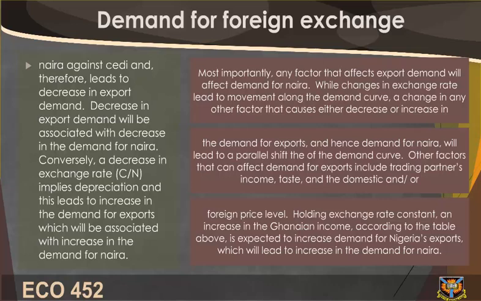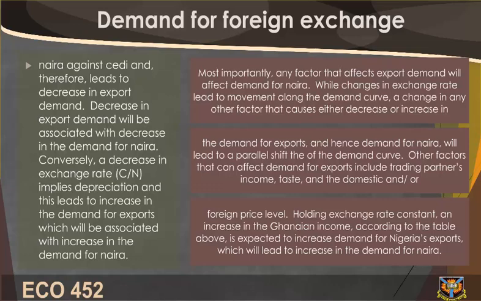Conversely, a decrease in exchange rate cedi to Naira implies depreciation, and this leads to increase in the demand for exports, which will be associated with increase in the demand for Naira. Most importantly, any factor that affects export demand will affect demand for Naira, while changes in exchange rate lead to movement along the demand curve.